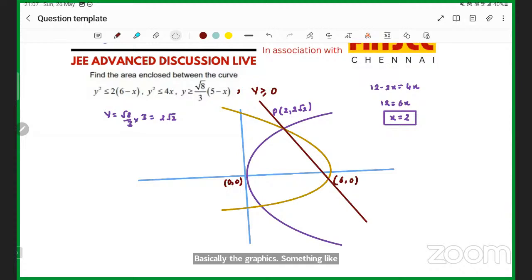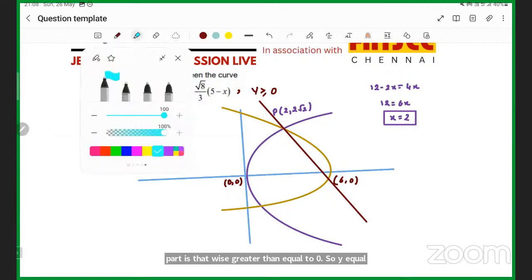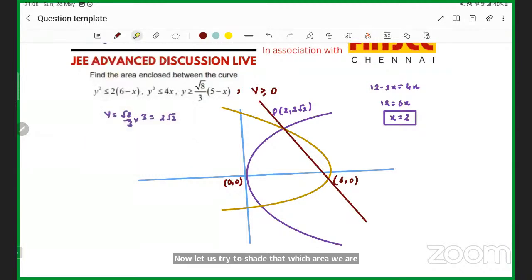And the last part is that y is greater than or equal to 0, so y equal to 0 is your x-axis. Now let us shade the area we are interested in. The first one is y square less than 4x. It means which area? We have two options, either this side or this side, so in this situation the area is this region.